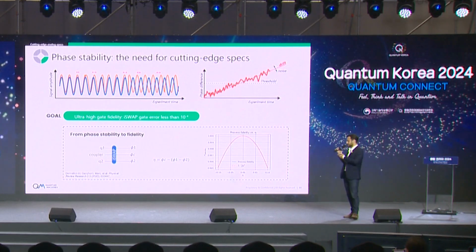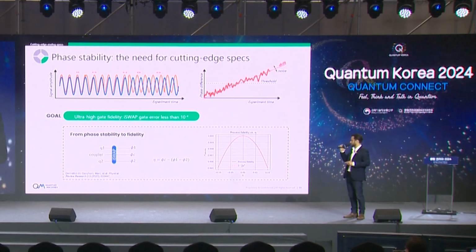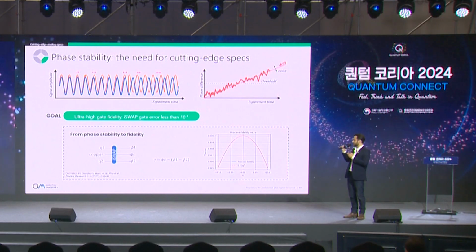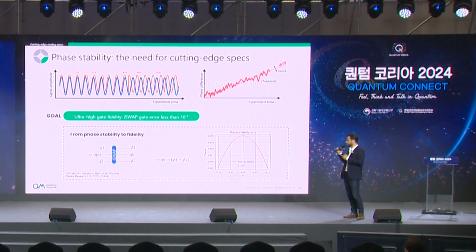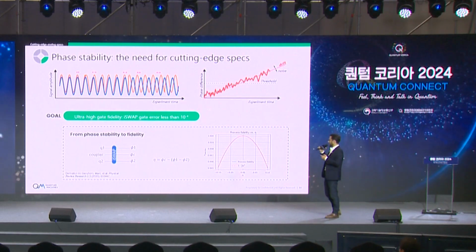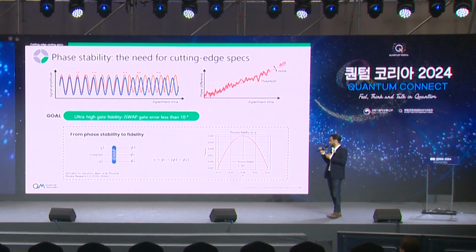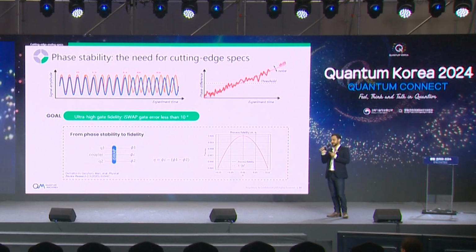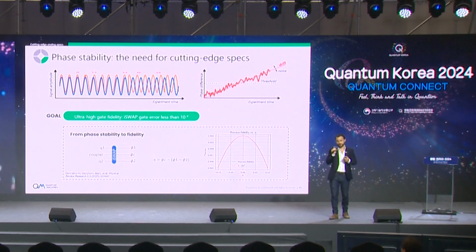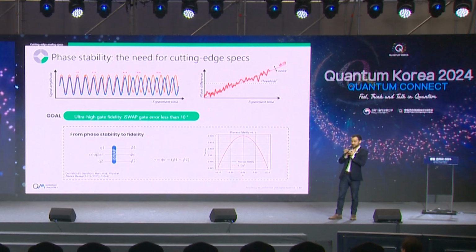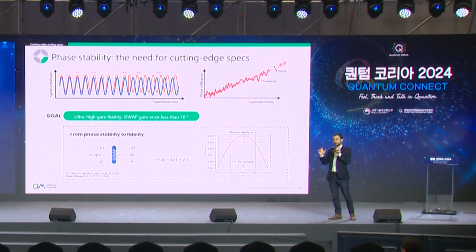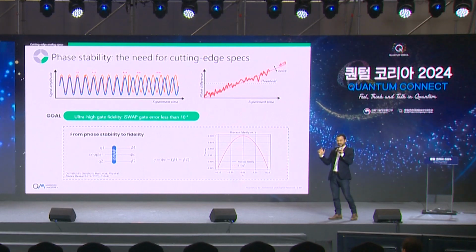Some of the analysis is actually very well known. This is how the phase difference between the channels of a 2-qubit I-swap gate with a coupler will influence and deteriorate the gate over time. You see that the more the phases drift, the bigger the error is, and it's quite susceptible to that.